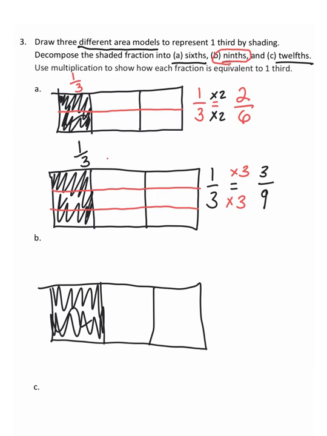Now the next one is asking us for 12ths, for letter C. So now we actually have to break this up even more. We made 3 rows before, and I'm going to make 4 rows. That's 1, 2, 3, and then we have 4. So right here we have 1, 2, 3, 4, 5, 6, 7, 8, 9, 10, 11, 12. I have made my 12ths.